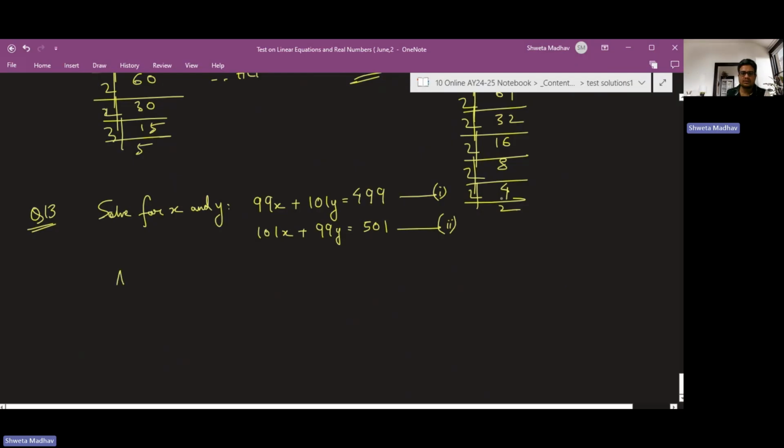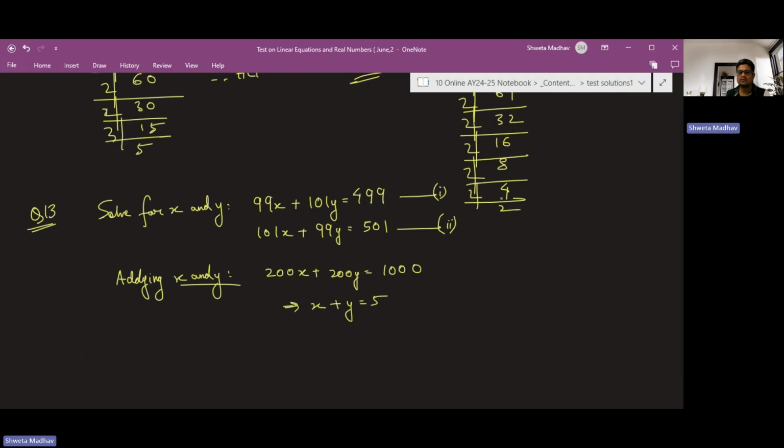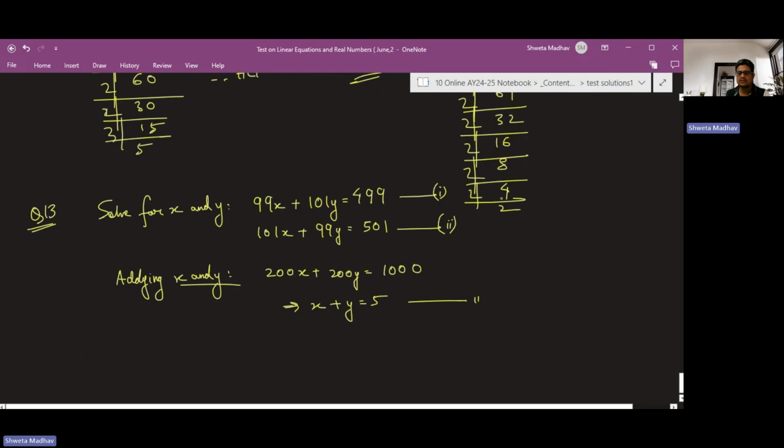On adding, 99 plus 101 is 200x plus 200y equal to 501 plus 499, that is 1000. So x plus y will be equal to 5, since 5 into 200 is 1000. This is our equation 3.